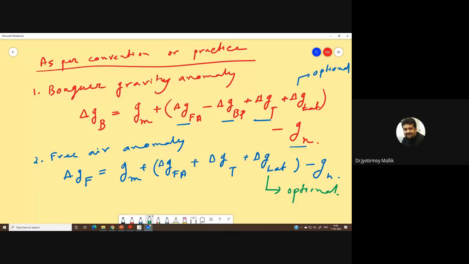So what is the basic difference between free air anomaly and Bouguer gravity anomaly? In Bouguer gravity anomaly, I am doing my Bouguer plate correction, but in case of free air anomaly, I am not doing my Bouguer plate correction.